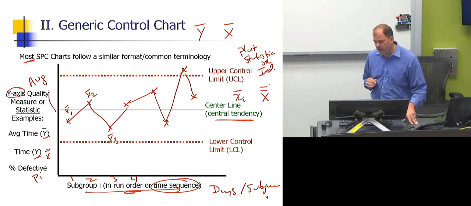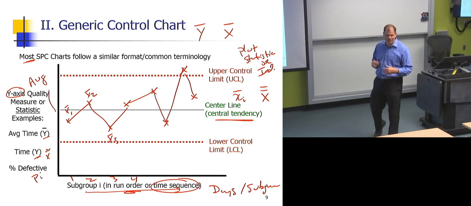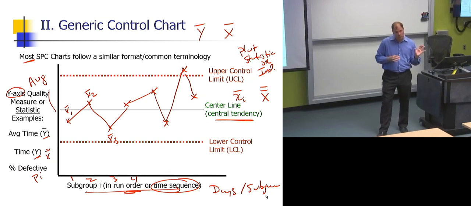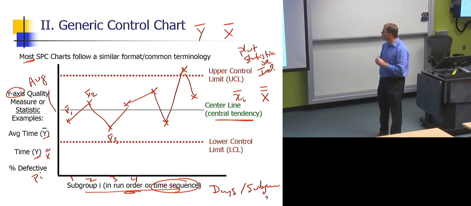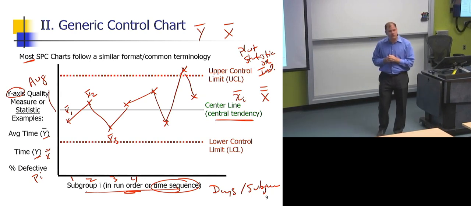Somewhere in your school, hopefully you had the case where they wrote 2 bars above the X or 2 bars above the Y. That's the average of the averages, or the grand mean. So averages will flow into that. Then we're going to say, okay, if I have some measure of central tendency and there's some inherent variability of my statistic, I can set up limits where I expect the points to fall.